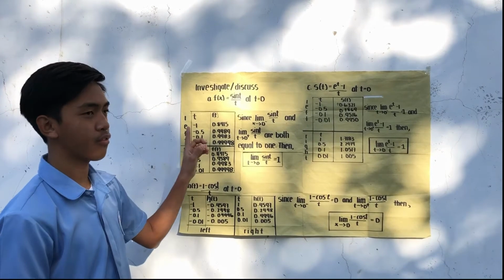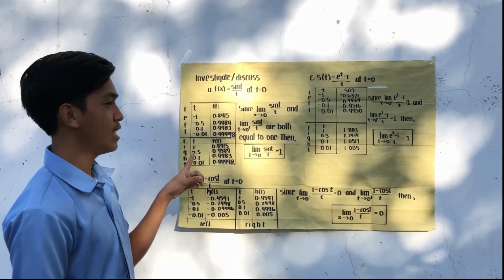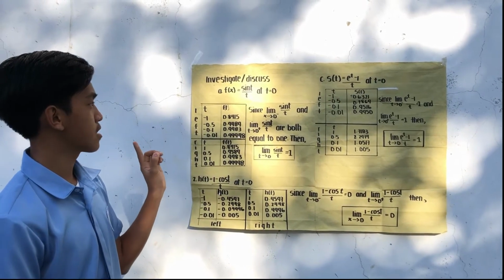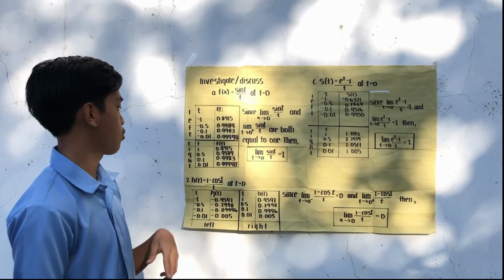So the limit of the function sine t over t as t approaches 0 from the left equals 1.